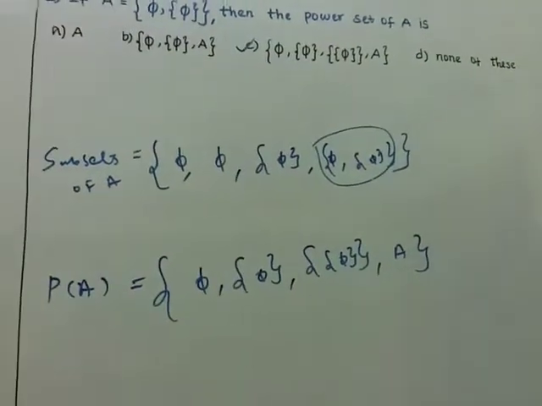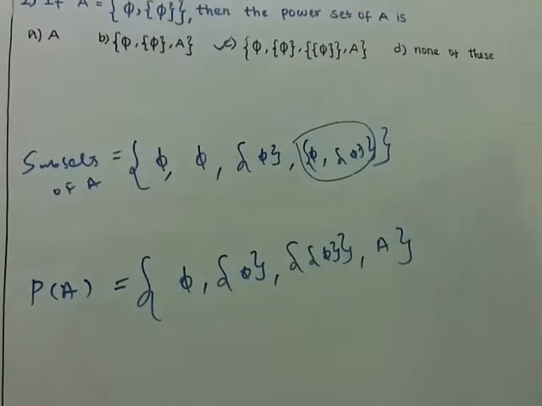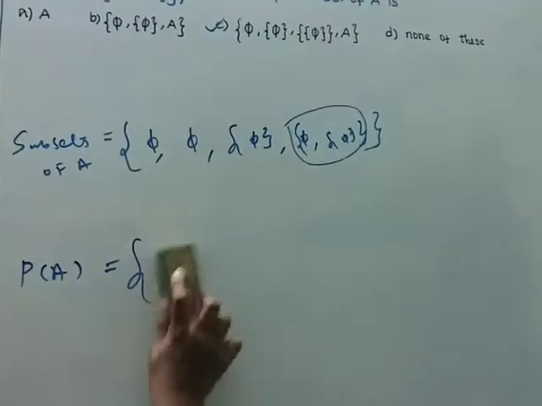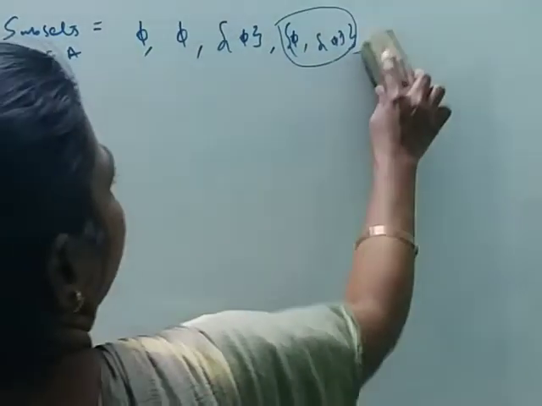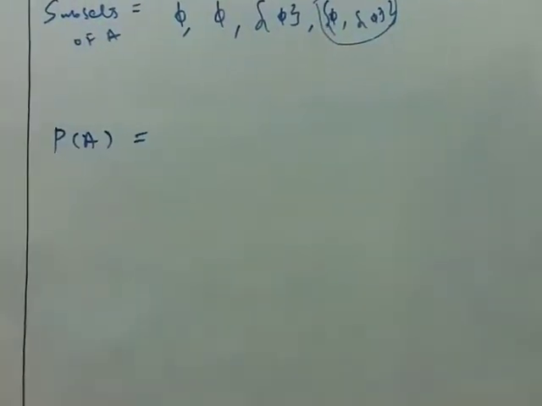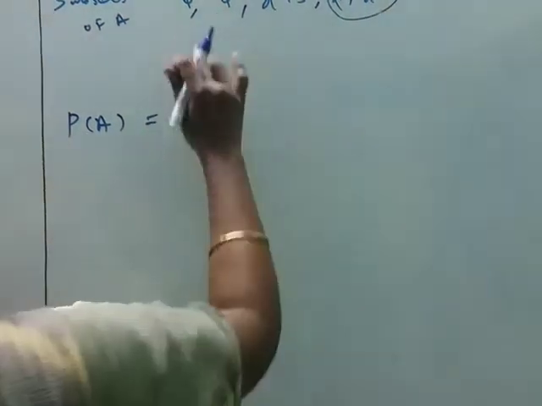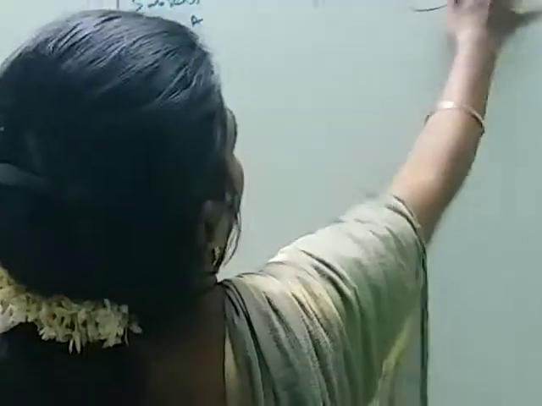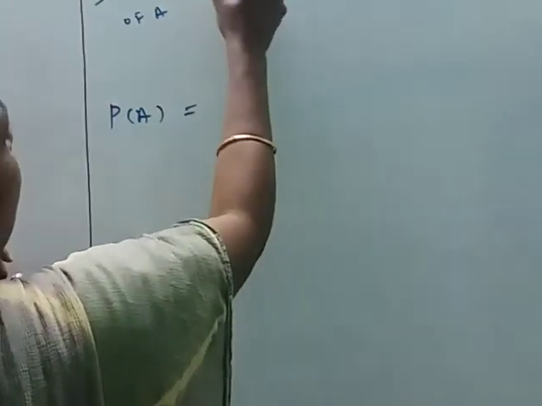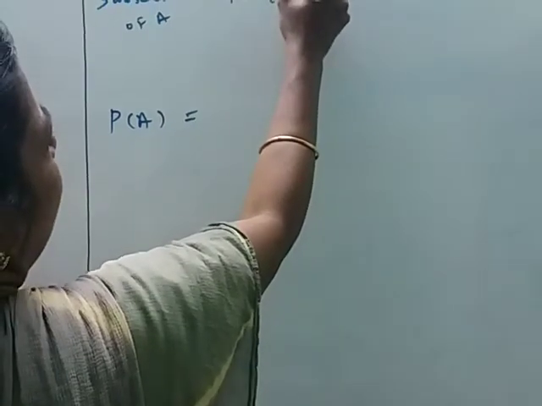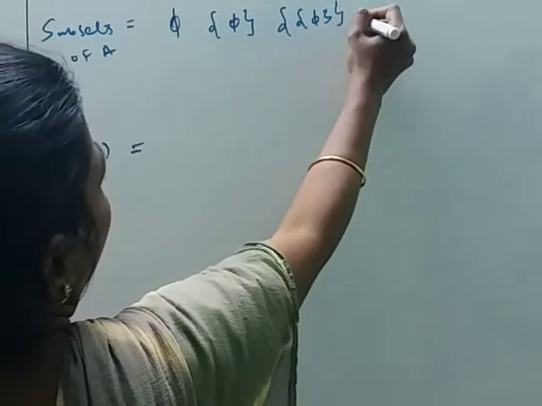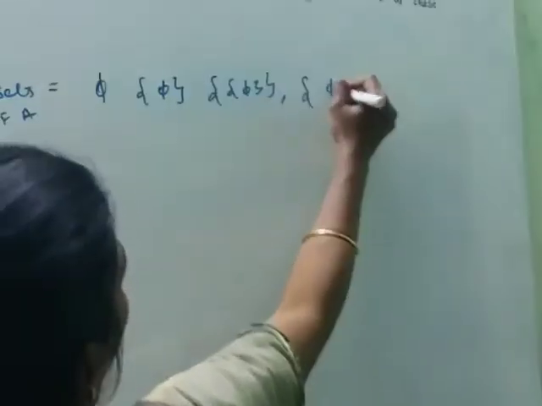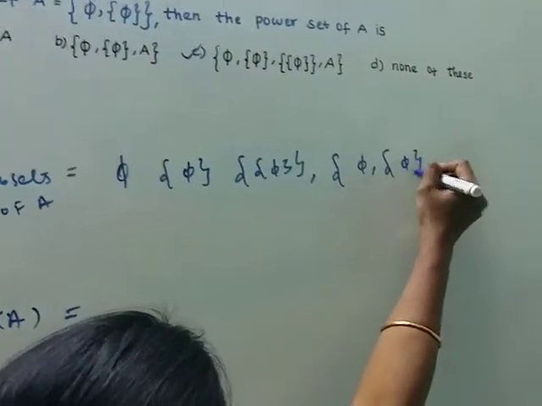Okay? Is it clear? Set of all subsets. Okay?